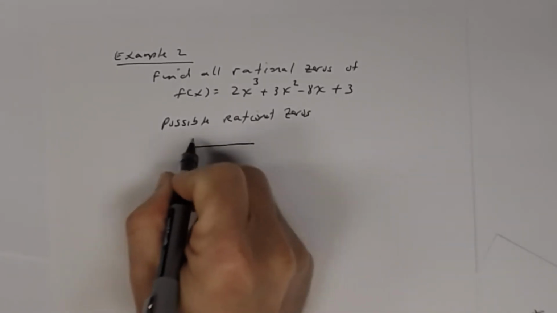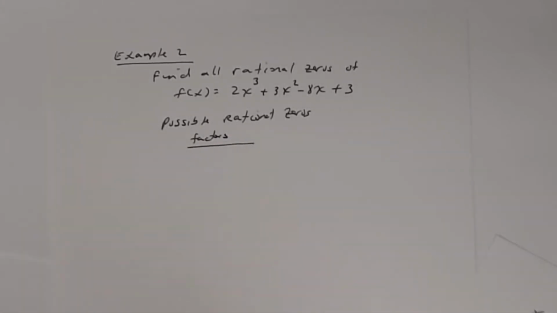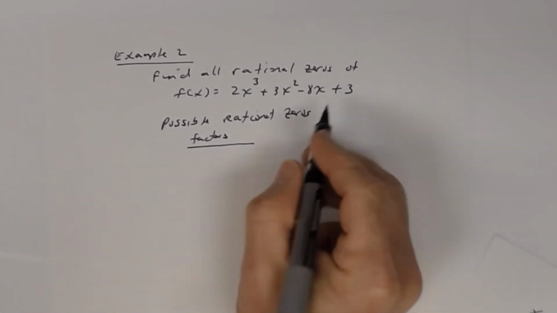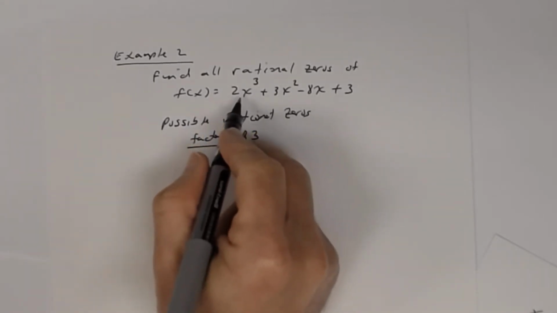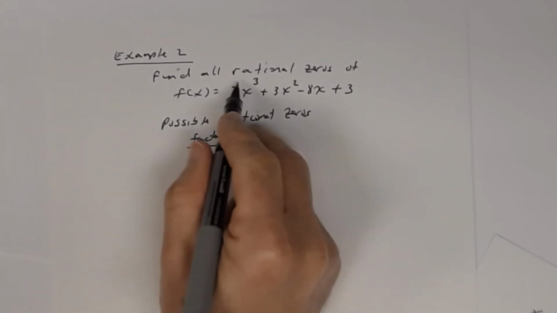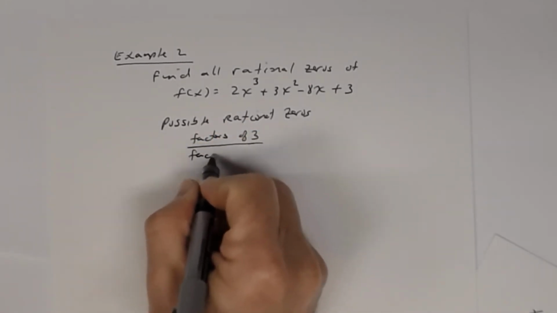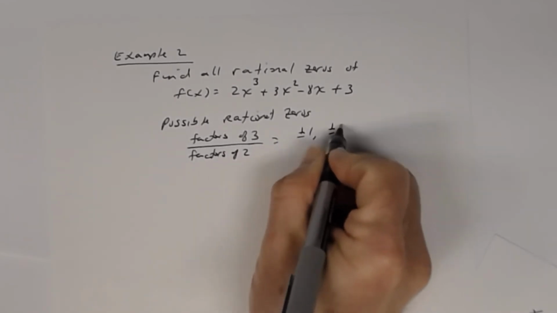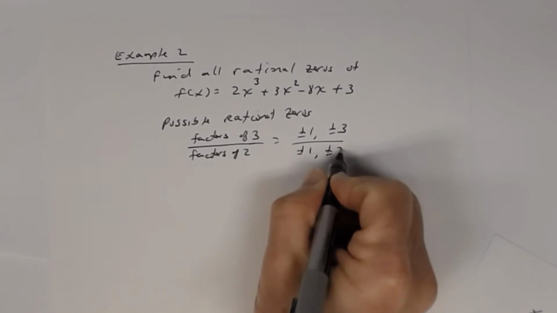So remember, the numerator will be the factors of your constant term, so factors of 3. And the denominator would be the factors of the coefficient of the leading term, which in this case is 2. So the factors of 2. So we get plus and minus 1, plus and minus 3. Factors of 2, plus and minus 1, plus and minus 2.